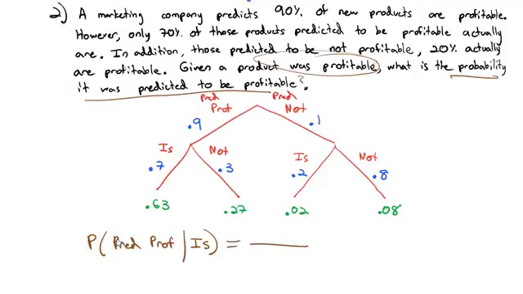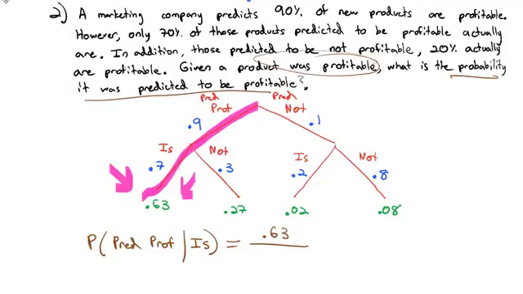Well, we know conditional probabilities are the probability of both divided by the probability of the given information. So the probability of both, where it's predicted to be profitable and it actually is, is this far left branch here. That's 0.63. That is going to be our numerator.